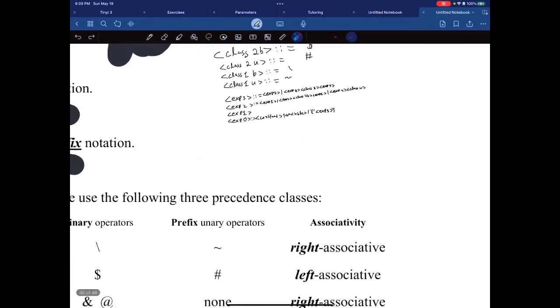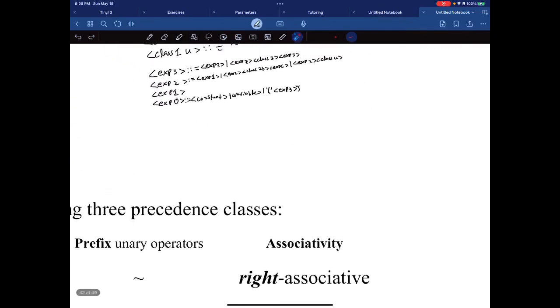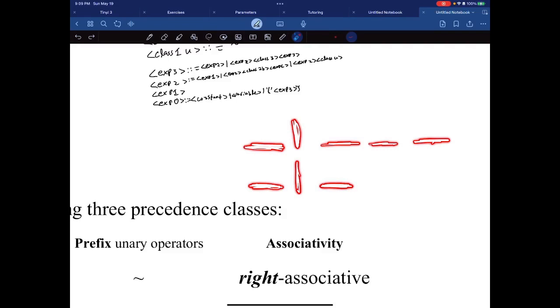But you're able to see the general pattern where if it's left associative, you're just going to put the current production on the left side, then the class, and then the next production on the right side. If it's right associative, the next production will be on the left, then the current class, and then the current production would be on the right.